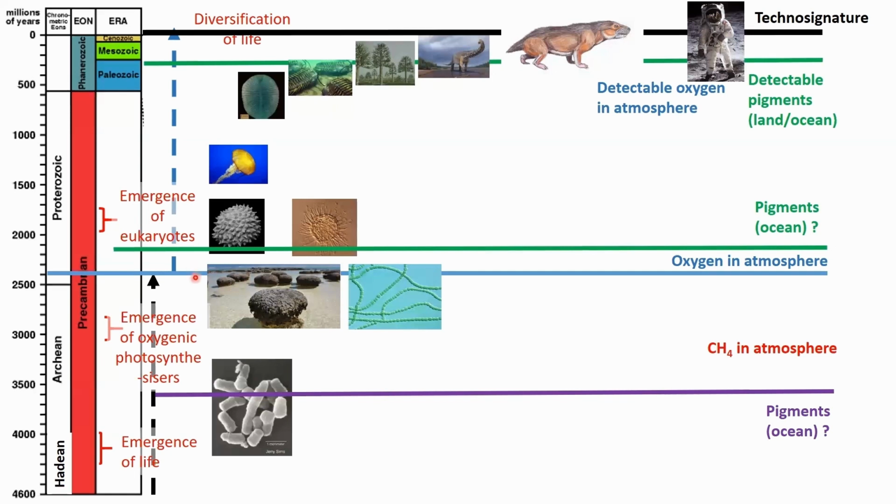And all of this led eventually to the emergence of eukaryotes and increasing oxygenation of the oceans, until the end of the Precambrian, the Neoproterozoic, a great spurt in the evolution of life that you can see here.